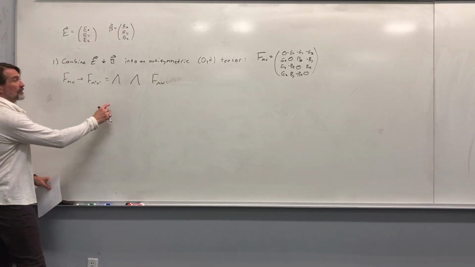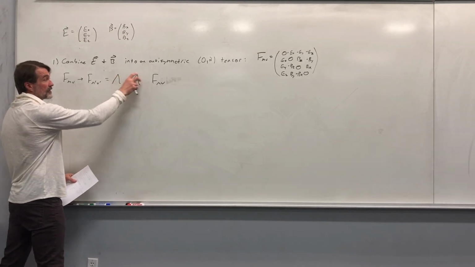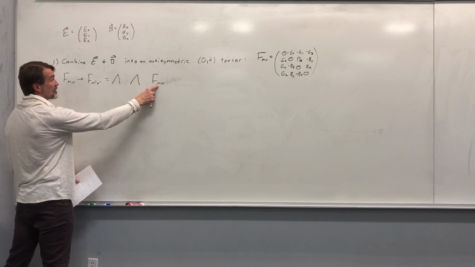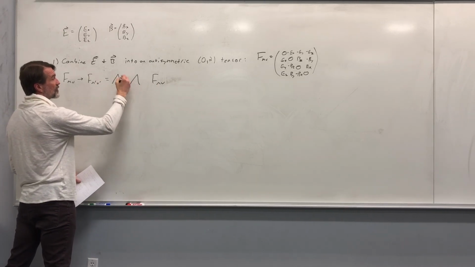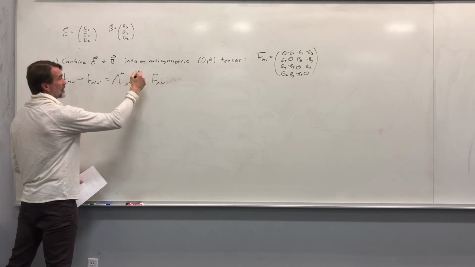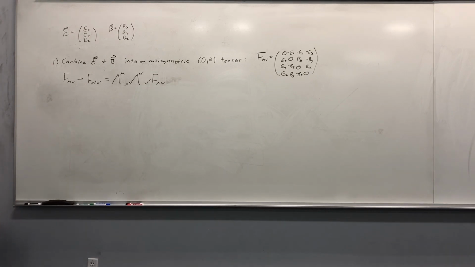Exactly. So remember, this is how I always pick the indices on the lambdas. I start with this, and then I say, okay, I've got to get rid of the mu and give me a mu prime. So I have to have a lower mu prime and an upper mu. And then I've got to get rid of the nu and give me a nu prime lower. Boom. That's how you do it.